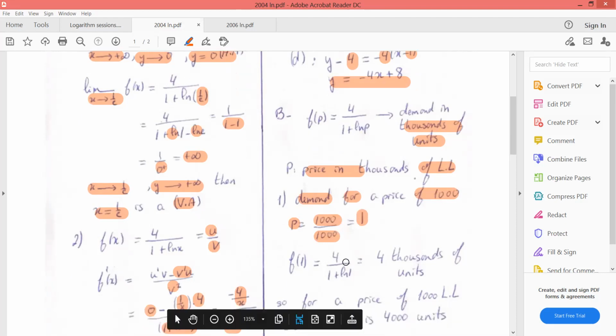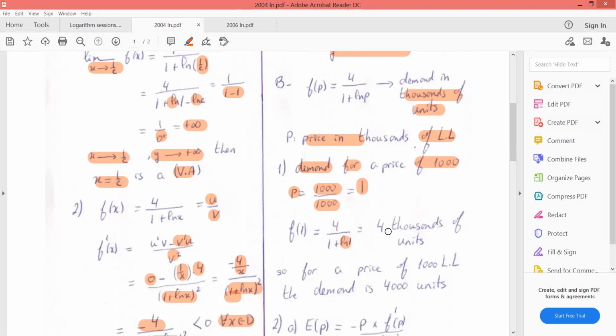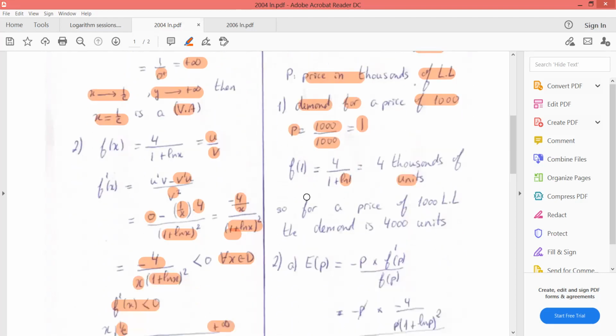So f of 1 is 4 over 1 plus ln 1. ln 1 is 0. So we get 4,000 units. It is better to mention it in a statement: for a price of 1,000 Lebanese lira, the demand is 4,000 units.